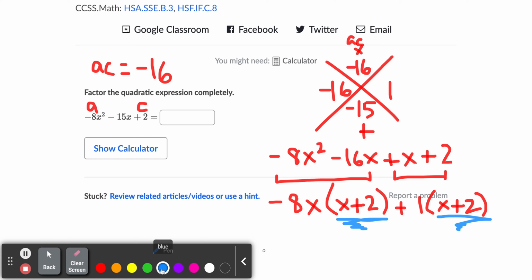We know that we can just add the coefficients together. It's basically like combining like terms. Negative 8x of these plus 1 of these means now I have negative 8x plus 1 of these, and these are going to be the x plus 2.